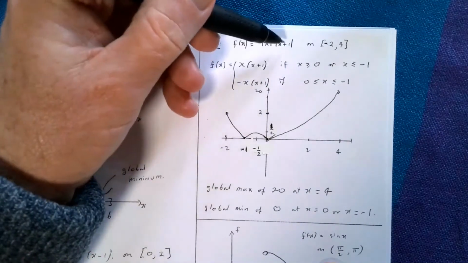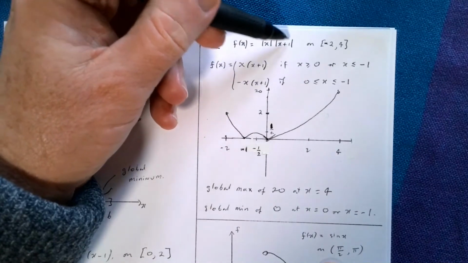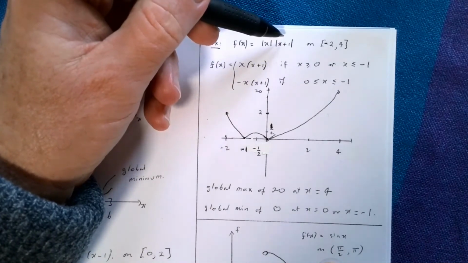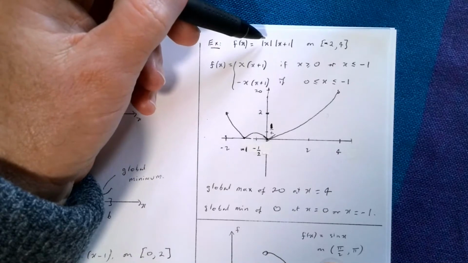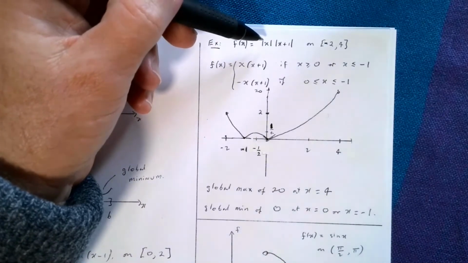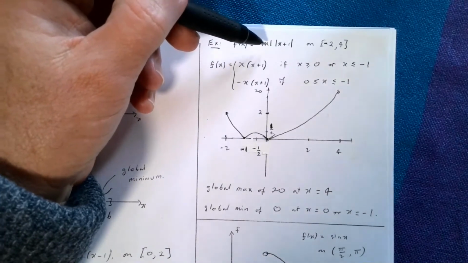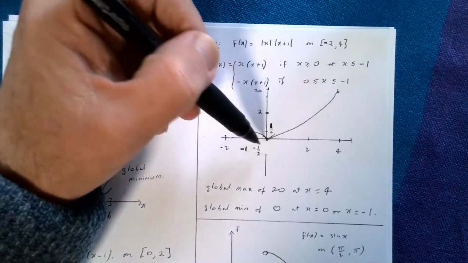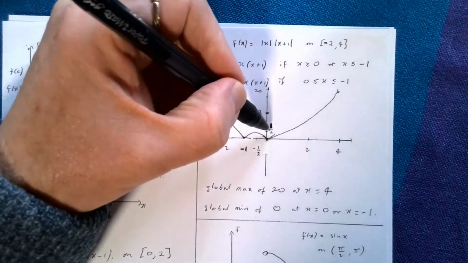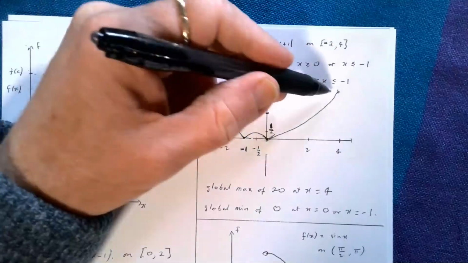So you get 1 - 1/2 is 1/2, and the absolute value of -1/2 is 1/2, and so you'll end up with 1/4 here, which is quite low. It's certainly less than our 20.